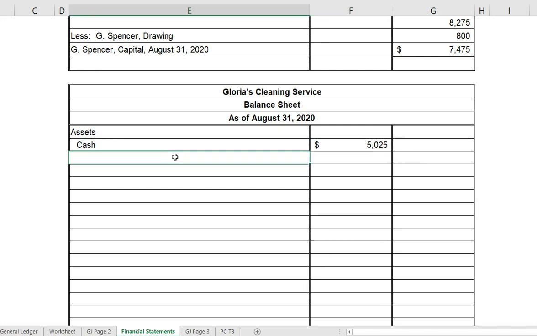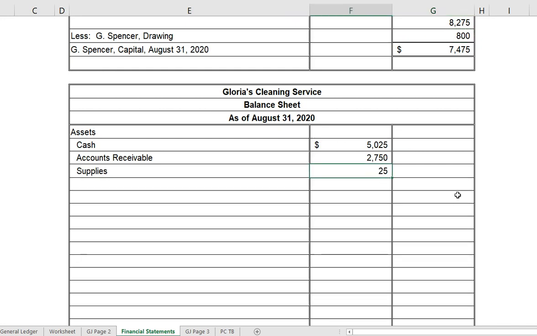So the next one is accounts receivable. And accounts receivable is 2,750. And once again, all these numbers come off the worksheet. Then we have supplies, and that's $25. I'm going to borrow that formatting.